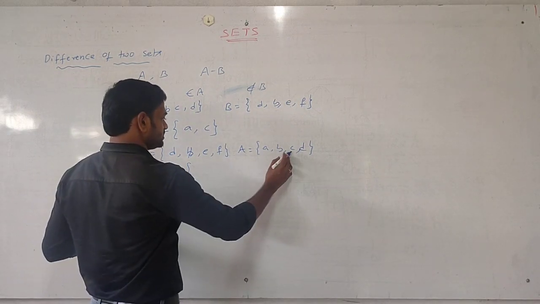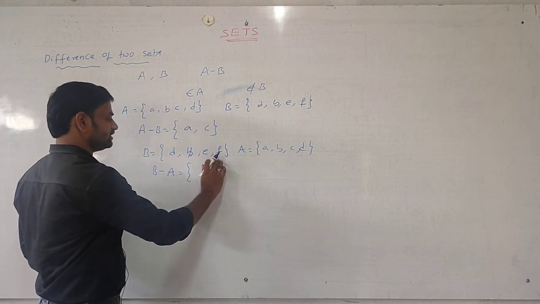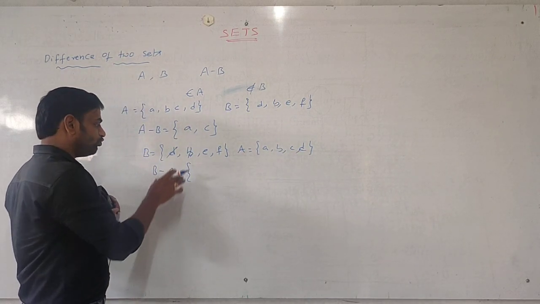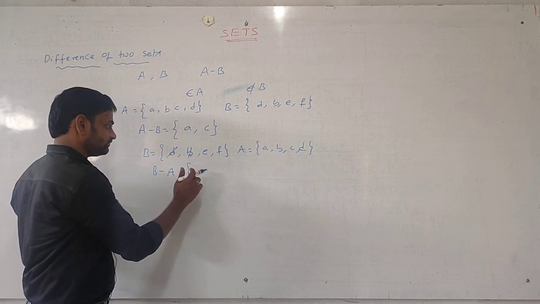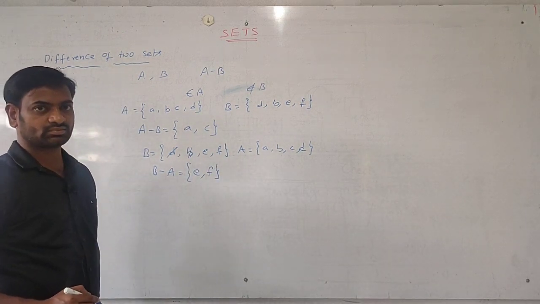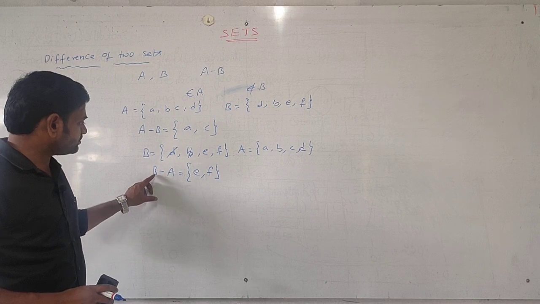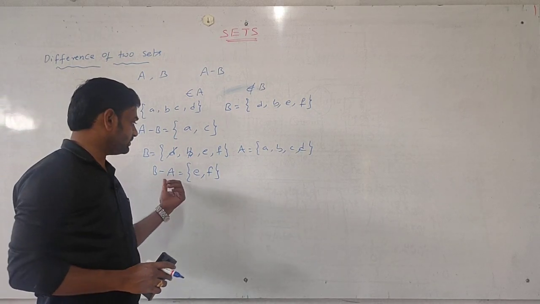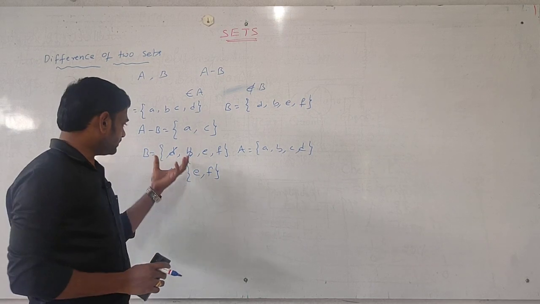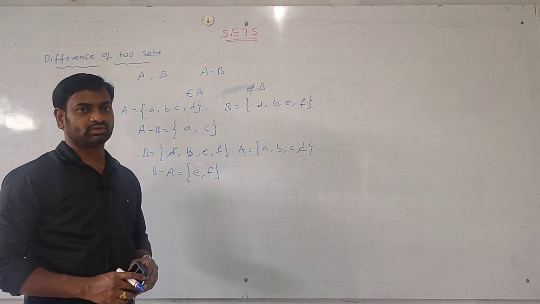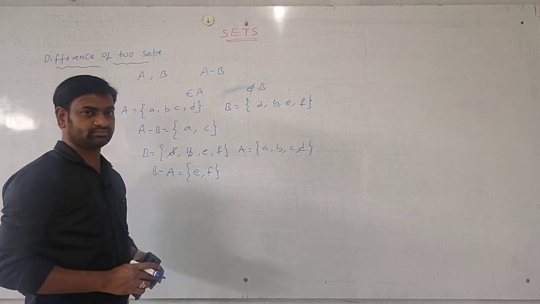Next, C is there or not? There is no C here. D is there or not? Yes. Cancel this one. Now what are the remaining elements? That is E comma F. The elements which belong to B, not belonging to A. That is B minus A. From B, we cancel A elements, and the remaining elements we write.